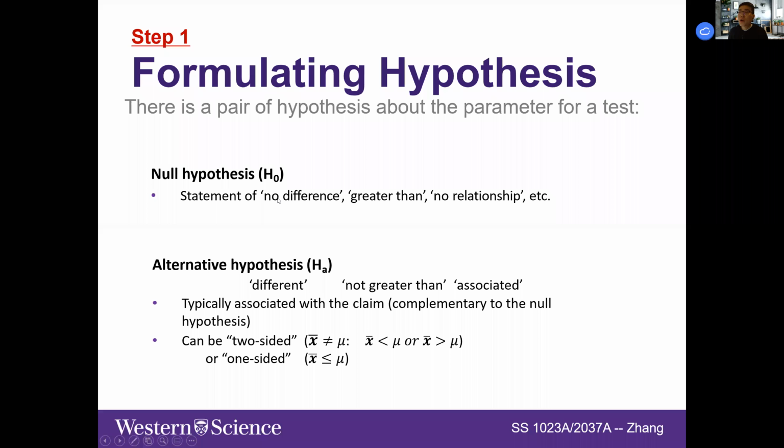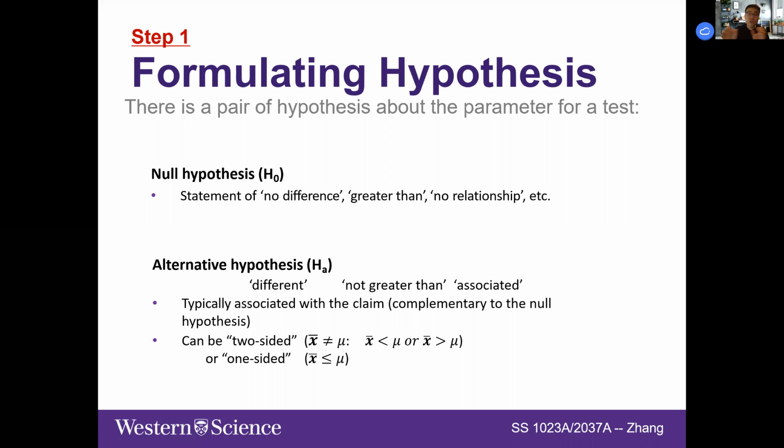So if we talk about no difference in the null, we will look for a difference in the alternative. And if we look at greater than in the null, then we will look at not greater than. Just pay attention that in the alternative hypothesis, when we say not greater than, it contains 2 different scenarios: either it is smaller than or it is equal.